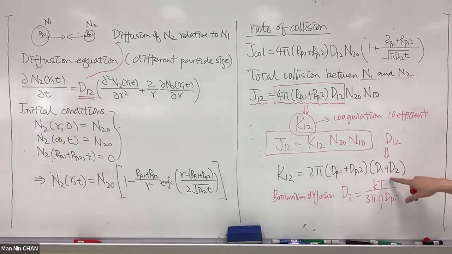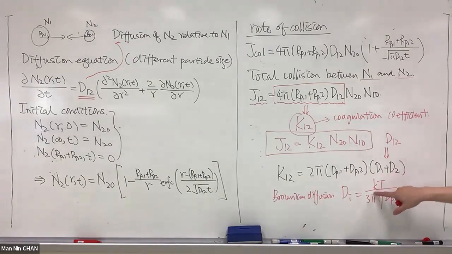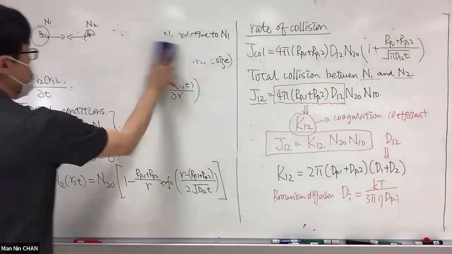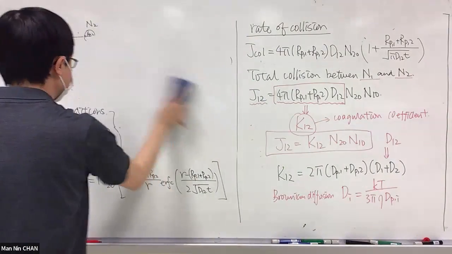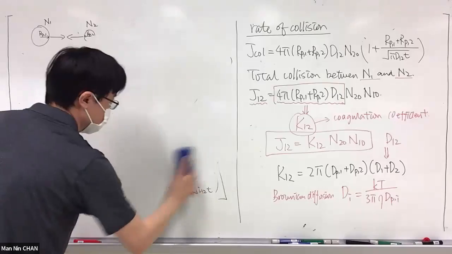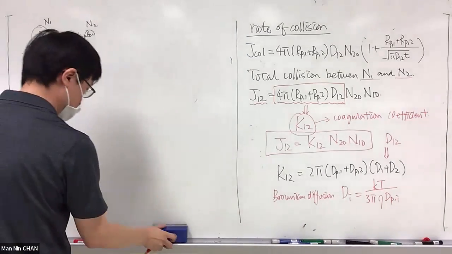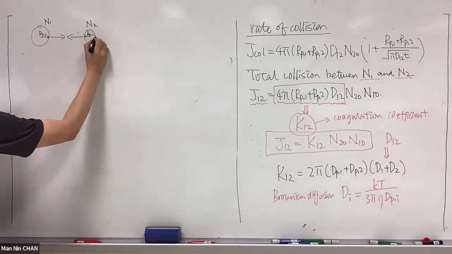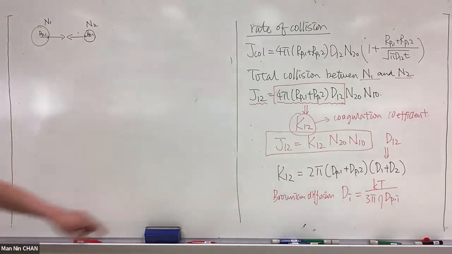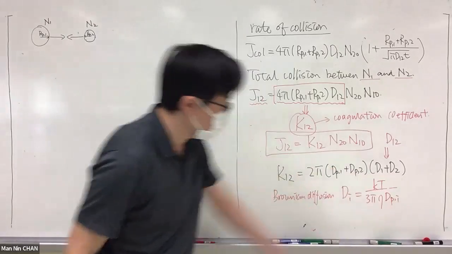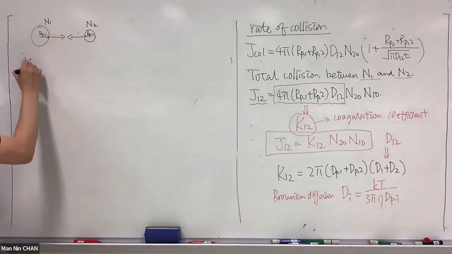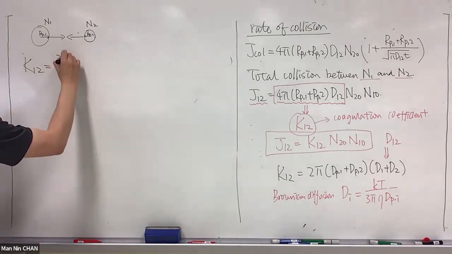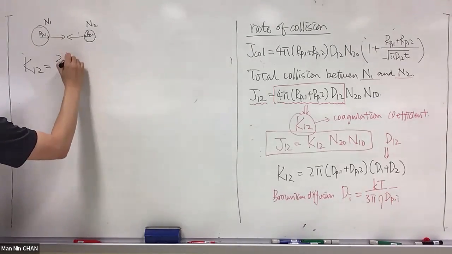So you can substitute this into these two terms. So by just substituting these, you can also calculate the coagulation coefficient, K12, equal to this small k.